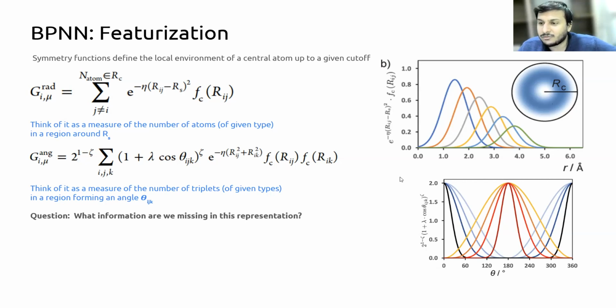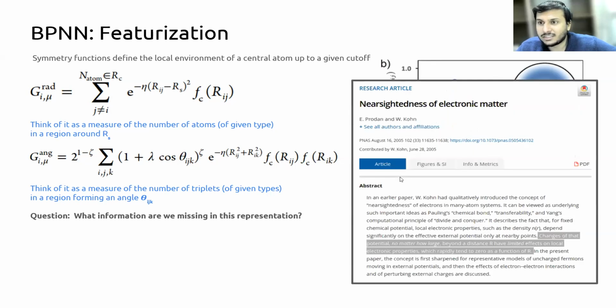Right. Now, there's one more thing here, which is this very nice paper on the nearsightedness of electronic matter, which kind of motivates all of this featurization as well. It says that changes of the potential, no matter how large, beyond a certain radius, have limited effects on the local properties. Now, in this case, as you'll see later on, you're not trying to ask, how will the total energy of my system change if I move atoms?